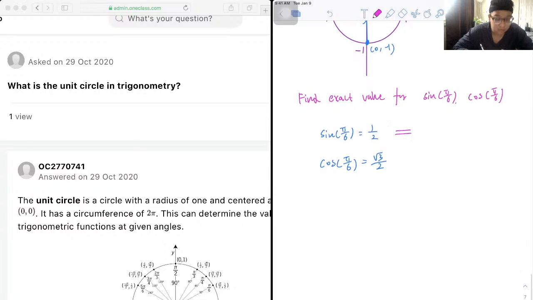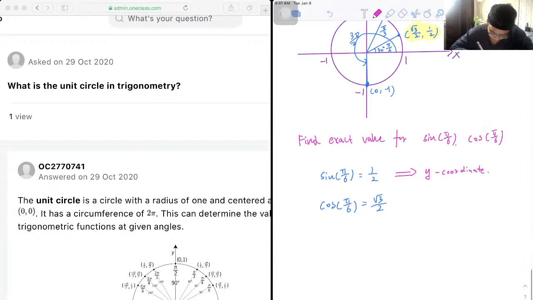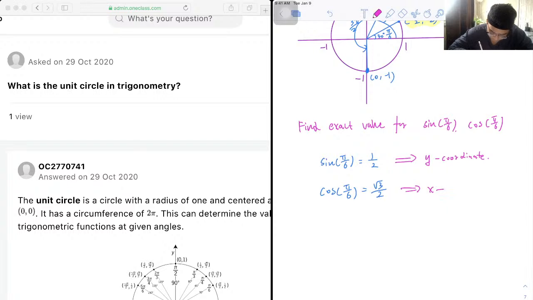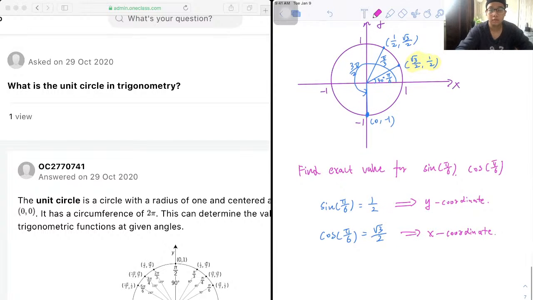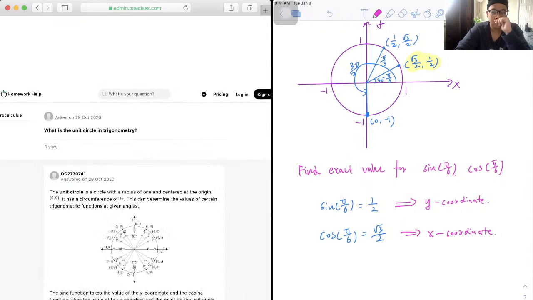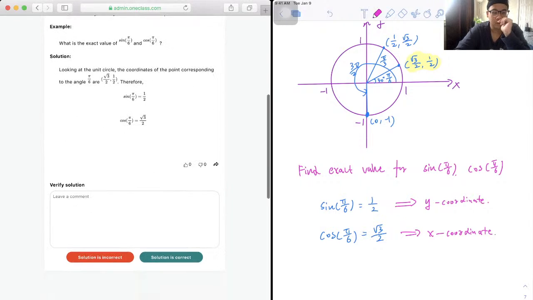So sine, the y coordinate, cosine, that's the x coordinate. Okay, so let's leave a comment there.